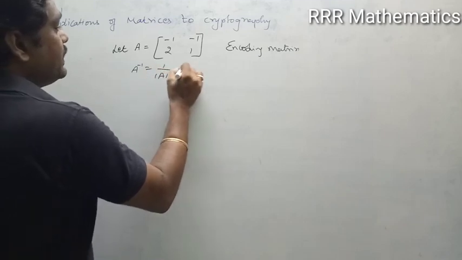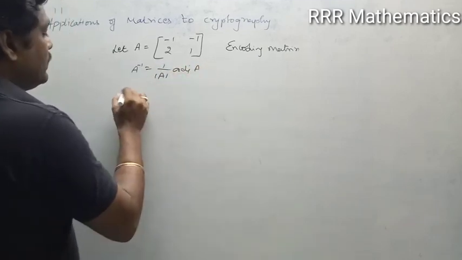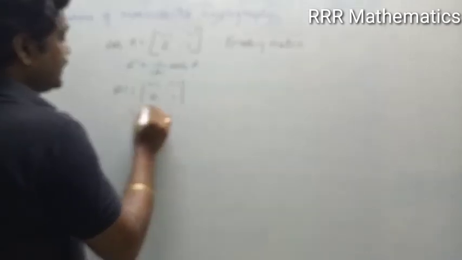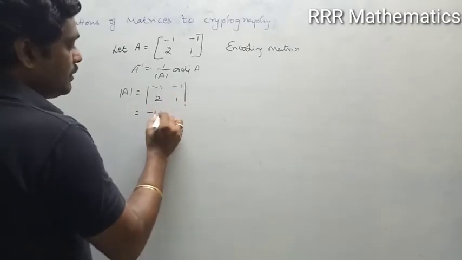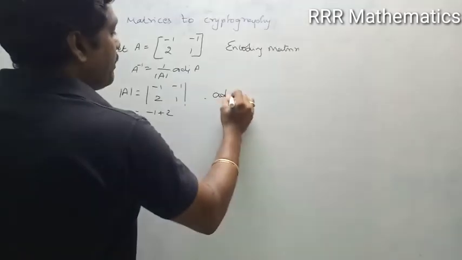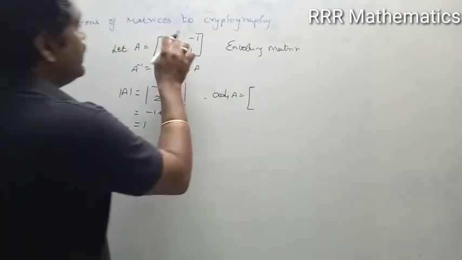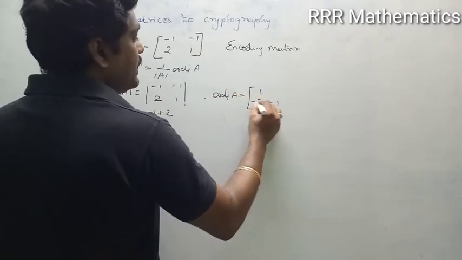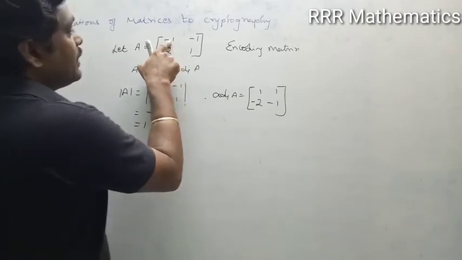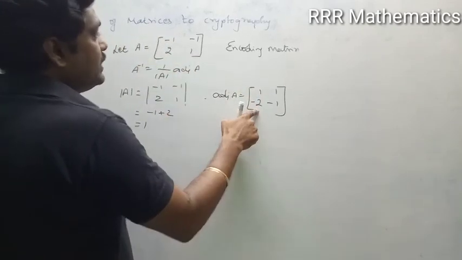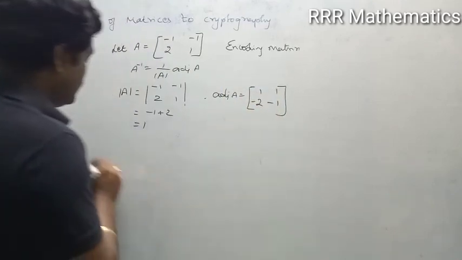It is 1 by determinant A into adjoint A. What is determinant A? (-1)(2) minus ... it gives minus 1, change the sign, it becomes plus; determinant is 1. For adjoint A in a 2 by 2 matrix, interchange the leading diagonal and change the sign of the off-diagonal.